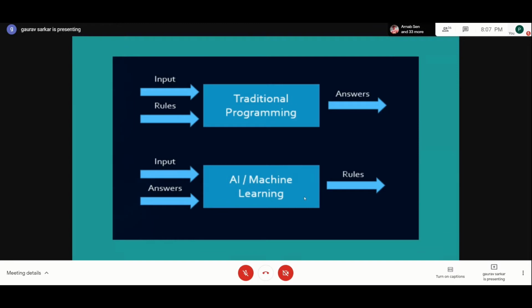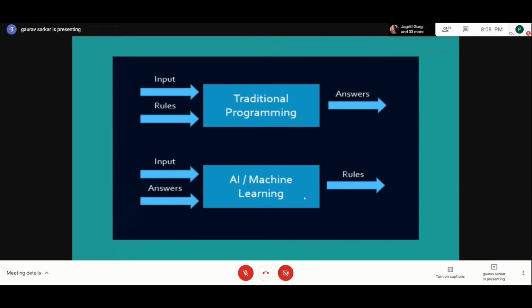Suppose you have been given a new picture of a cat, an 11th example of a cat, and you ask the traditional programming if this is a cat or not. Your traditional programming will simply give you the answer no, because that picture of the cat wasn't there in the dataset. So now you can use machine learning.